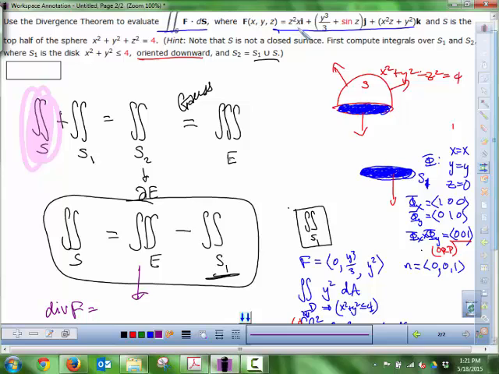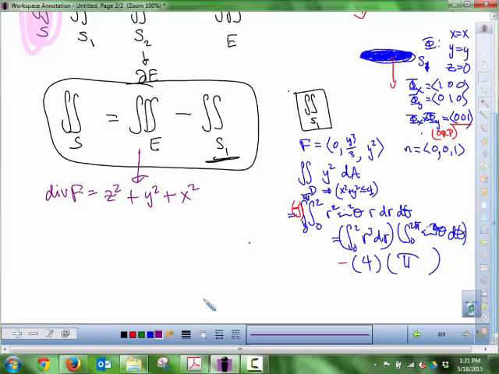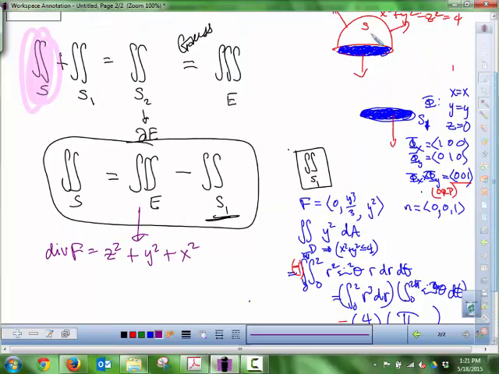Take the derivative of the first term with respect to x. It looks like it's going to be z squared. Take the derivative of the second one with respect to y. It'll be y squared. The third one with respect to z, it looks like x squared. Wow, this is like a setup, right? And then our solid E is a solid hemisphere.